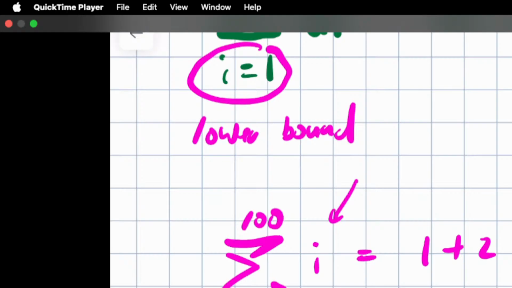You will plug in this 1 into here, and you plug in the next number, which is 2, plug in i. Plug in 3, plug in i. Plug in 4, plug in i. Yes, Brendan? It always includes the lower and upper bound. It's always inclusive, the lower bound and upper bound, but it depends on the questions. Sometimes the question starts the lower bound at 2, then you start at 2. Yeah, inclusive.